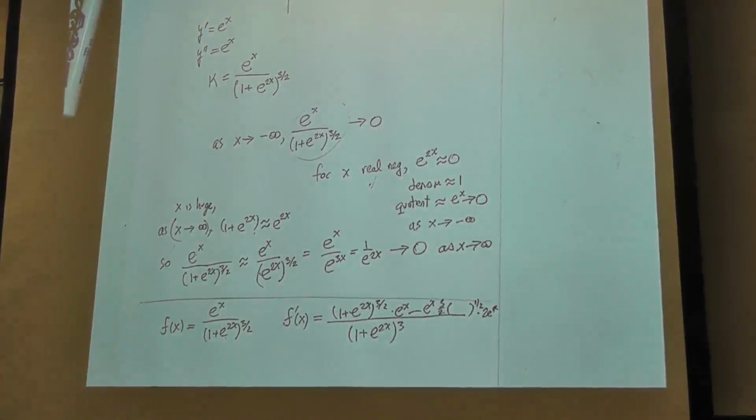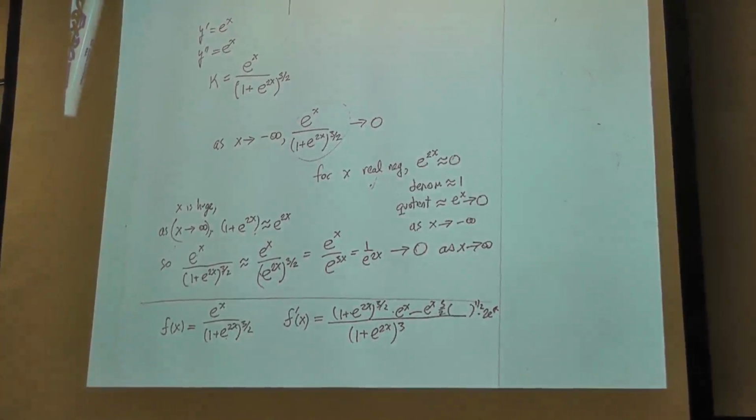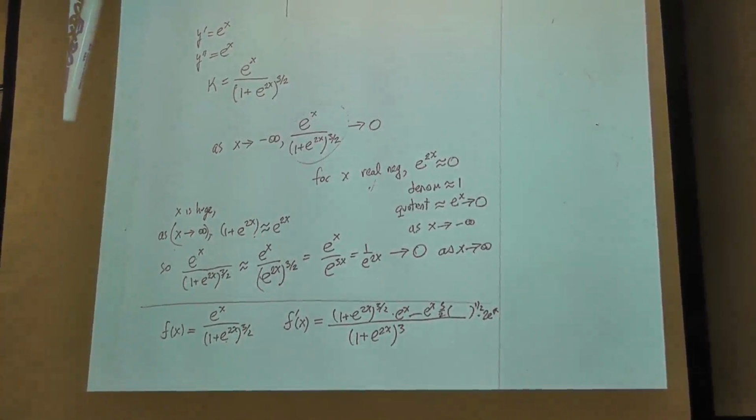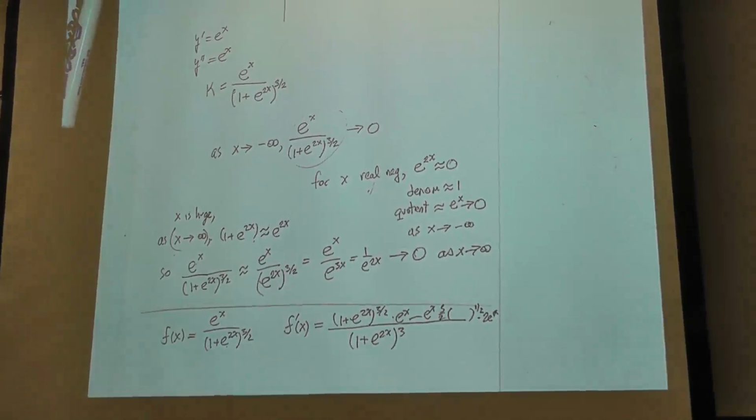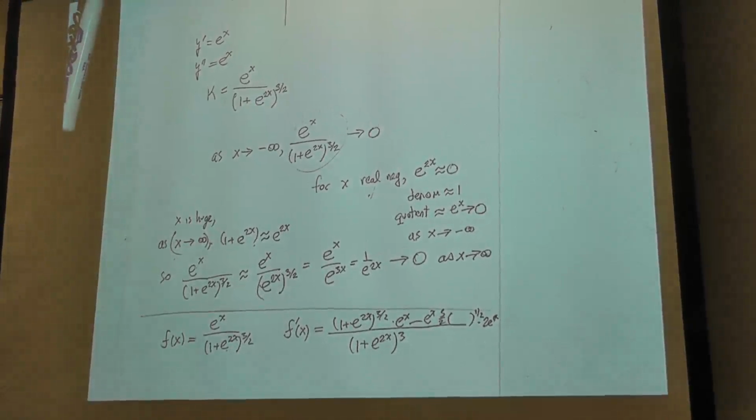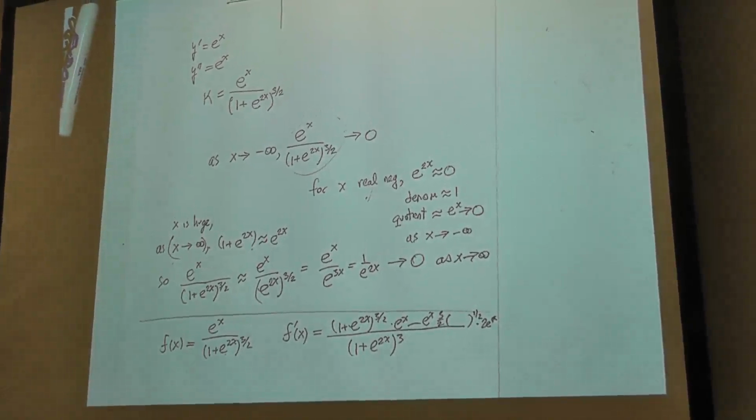I could probably fiddle with it, but I'm sure you guys don't want to sit here while I fiddle with it. We'll just say it's somewhere around where e is itself, so 2.796.